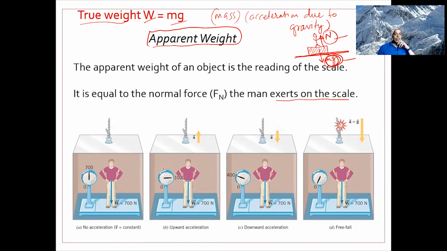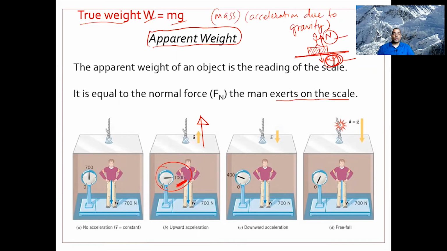But what happens if the person is moving up? Let's say this is an elevator. Elevator is moving up. Okay, so as you can see here, this machine shows 1,000.